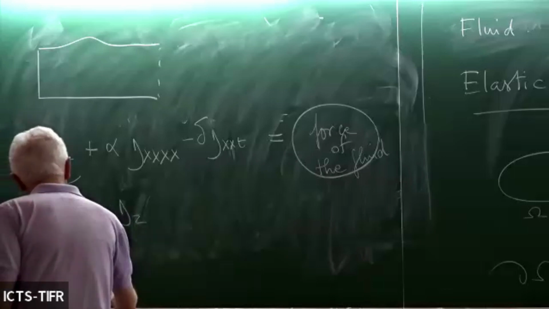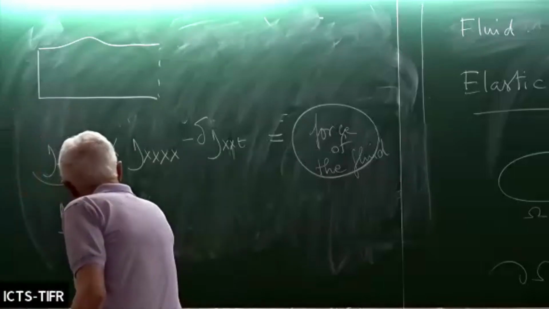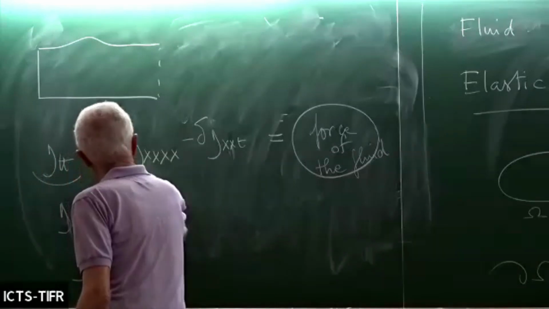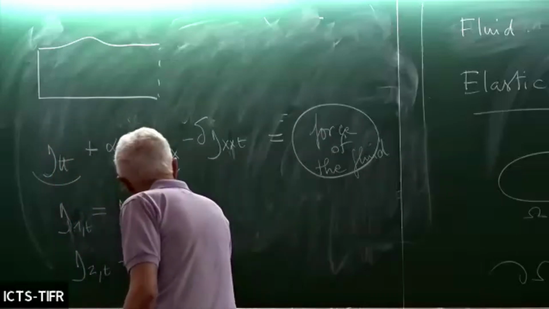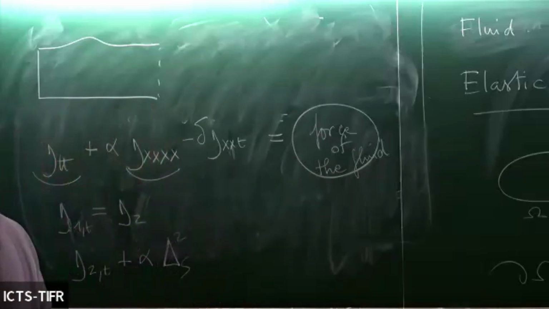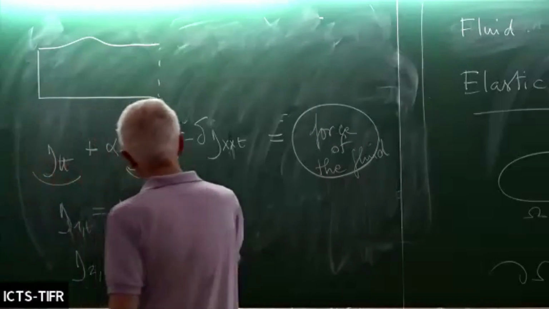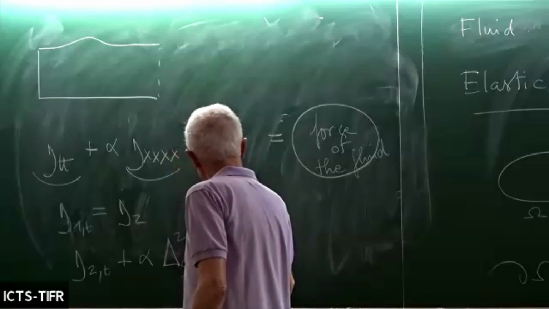Okay, so now I have eta 2t here, plus I write this in the form of the bi-Laplace operator. S is to say that it is on gamma S for the structure. It's applied to eta 1, and so on.